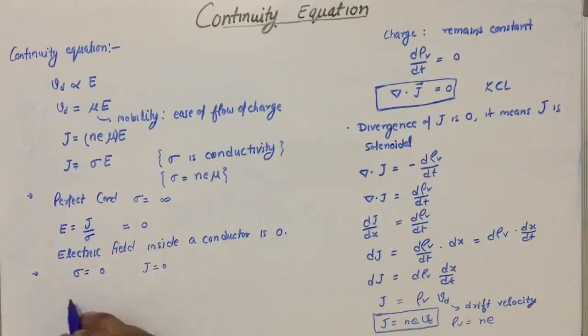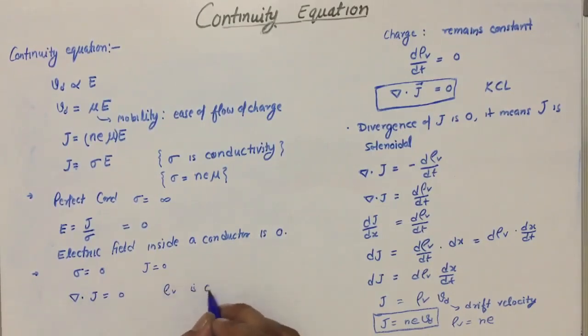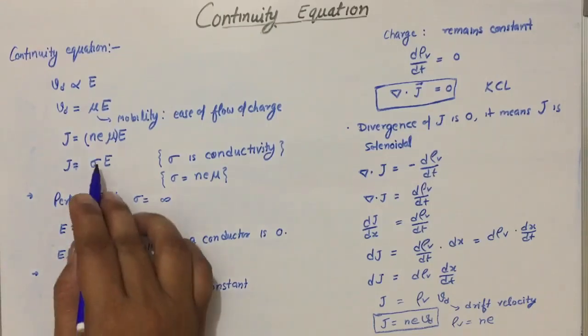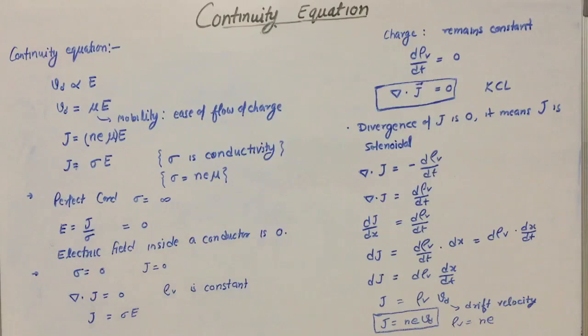Okay, so what we can say is the divergence of the current density is 0 if ρv is constant according to KCL, and J is equal to sigma E. And the divergence of current density will be minus ∂ρv/∂t if the charge is flowing and the concentration is changing.